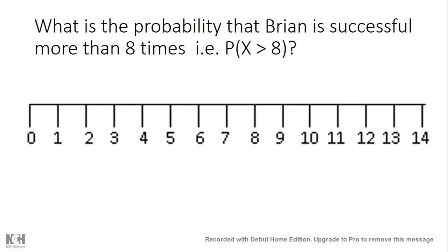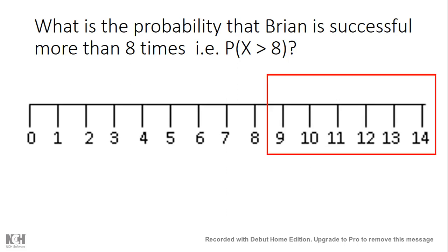So if we look at this one, what if it's greater than 8? Here's the thing. We want everything that's more than 8. Is 8 included in more than 8? No, 8 is not included. So on our calculator, what are we going to do? Well, the big thing is that all of the probabilities added together equal 1.